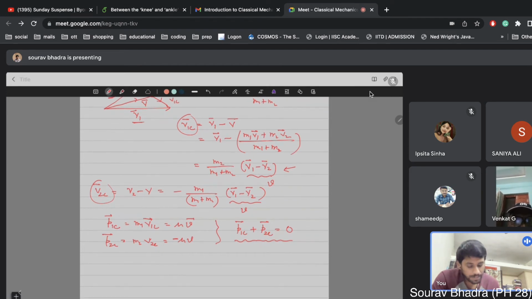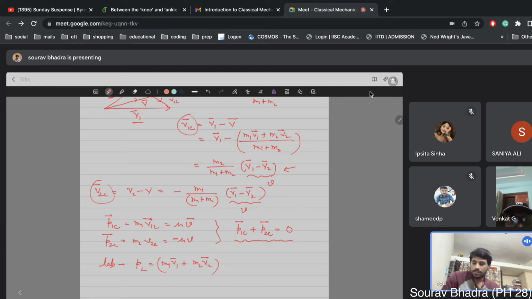But in the lab frame, your total momentum pl, that's why I have written it with l, is m1 v1 plus m2 v2, because v1 and v2 were your velocities of the two particles with respect to the lab frame.